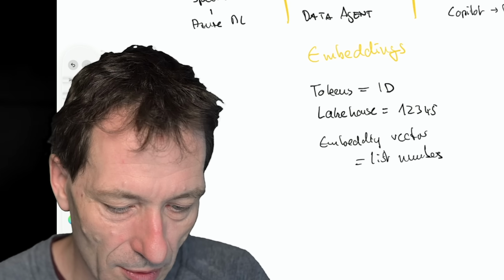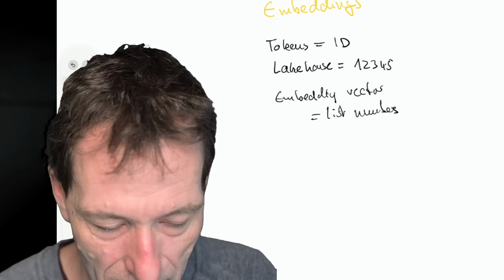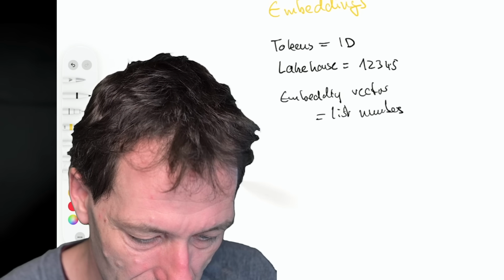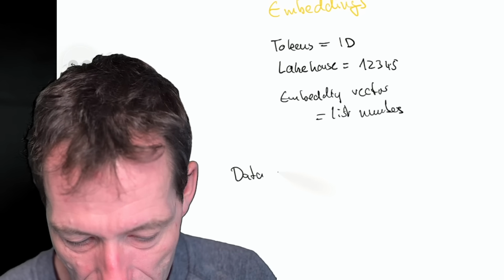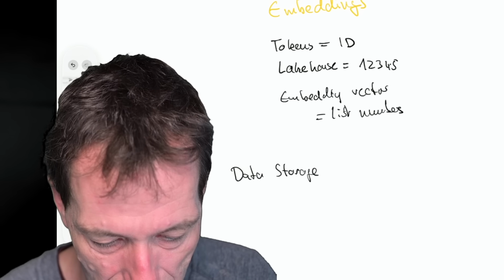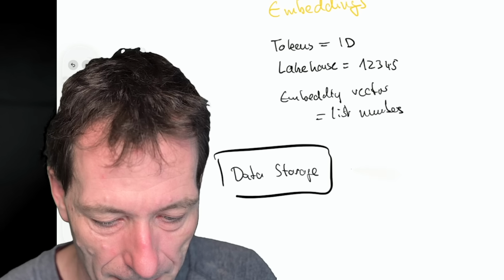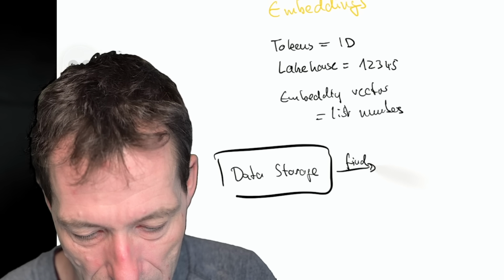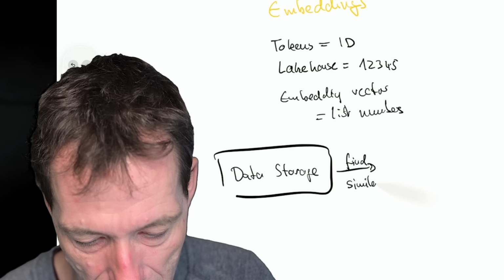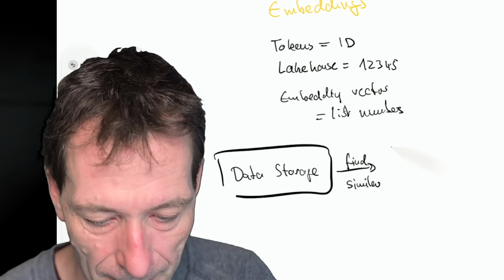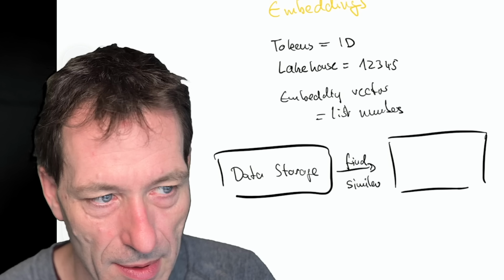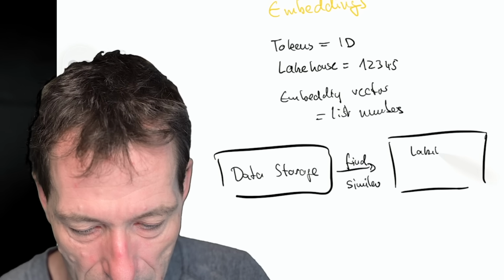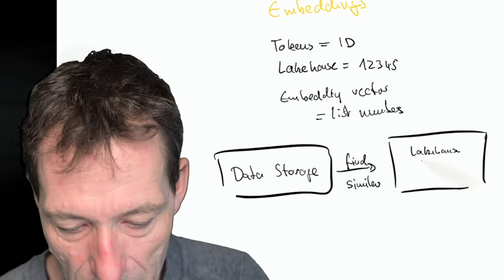So let's have a look at how that looks in a graphical way. You have your data storage, let's say Fabric, and you make a find similar search. Find similar means, for example, lakehouse is similar to warehouse.